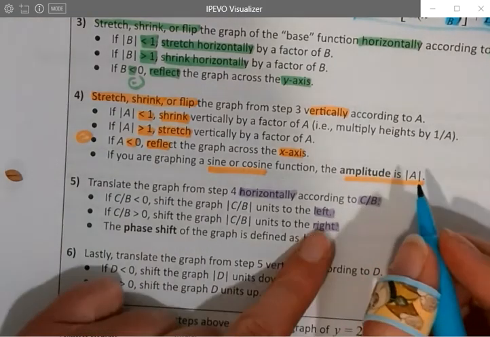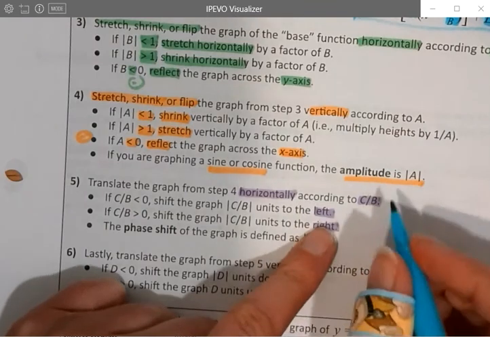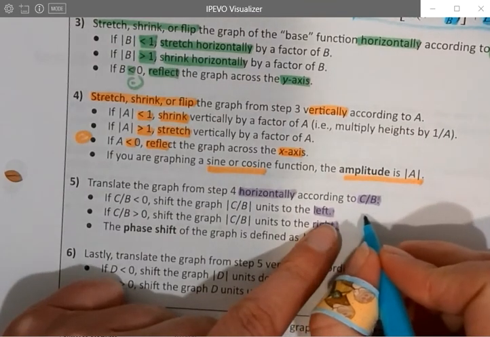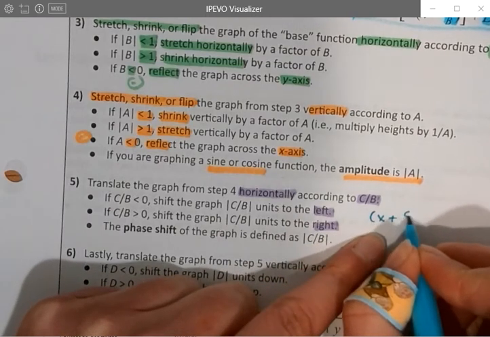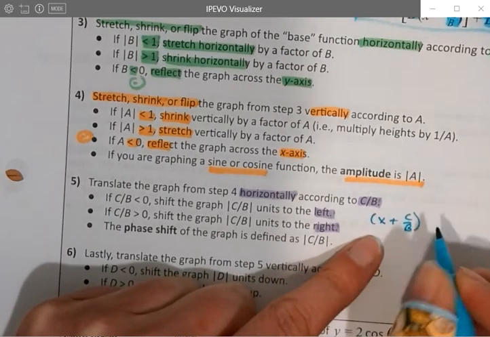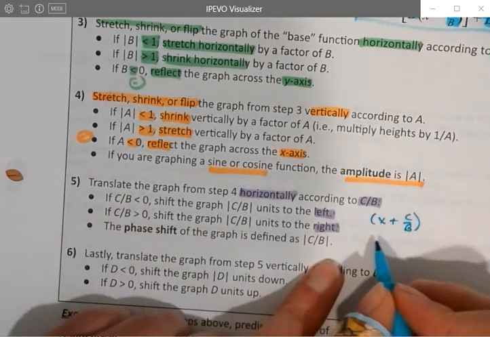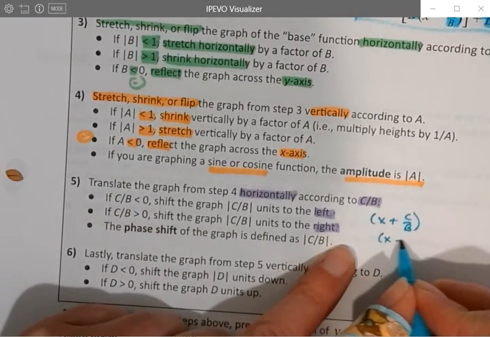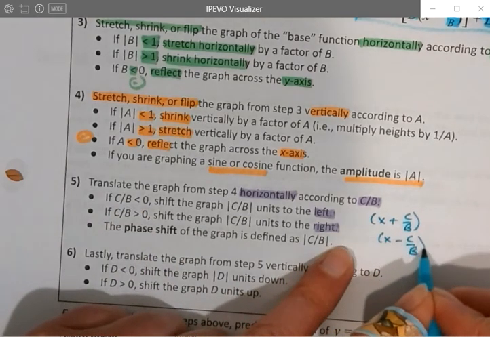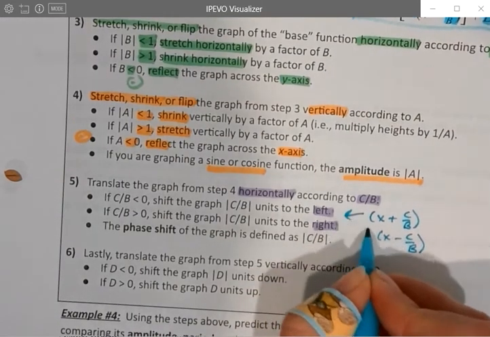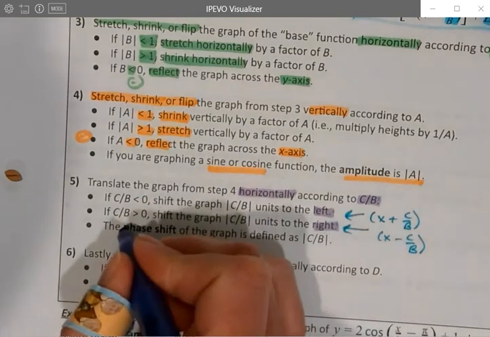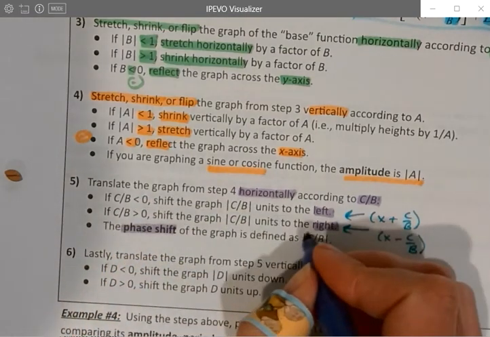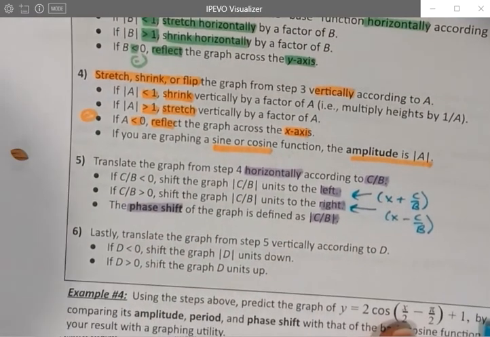The left shift, it says less than 0, is meaning it's going to look like x plus C over B. And if it's a right shift, it's going to look like x minus C over B. So the left shifts and the right shifts. Then we can summarize that the phase shift of the graph is defined to be the absolute value of C over B.